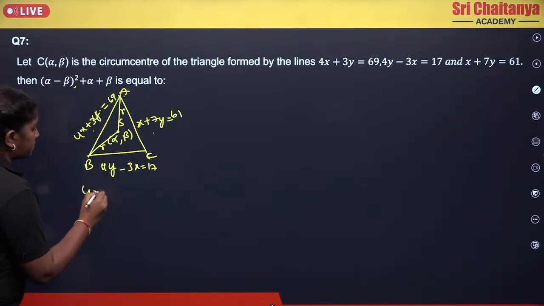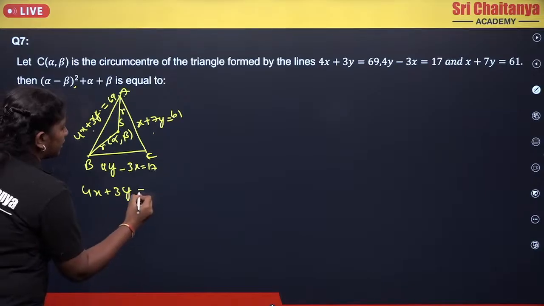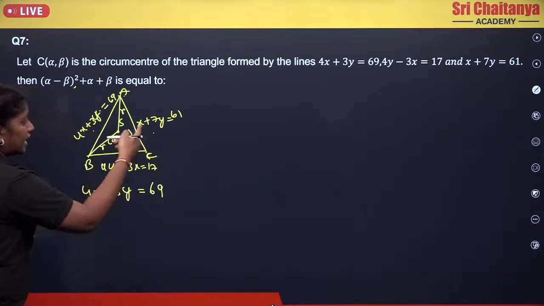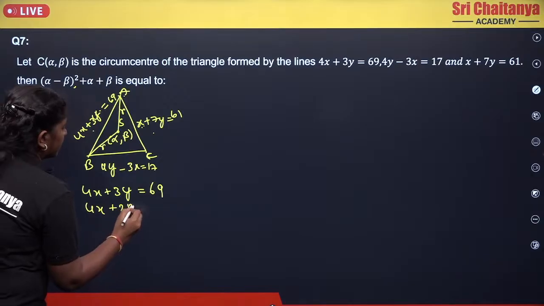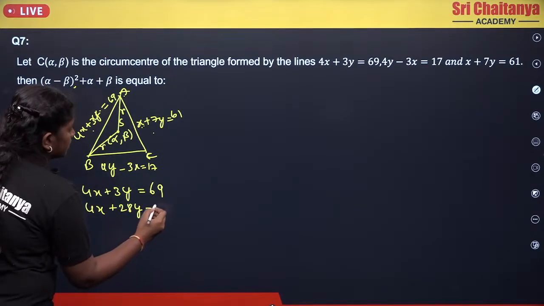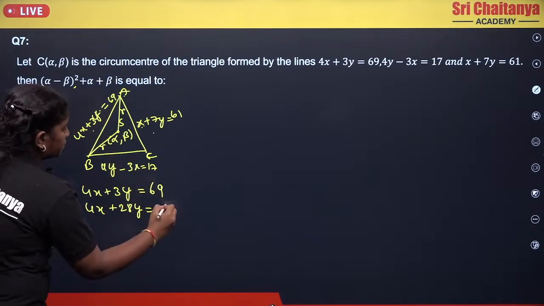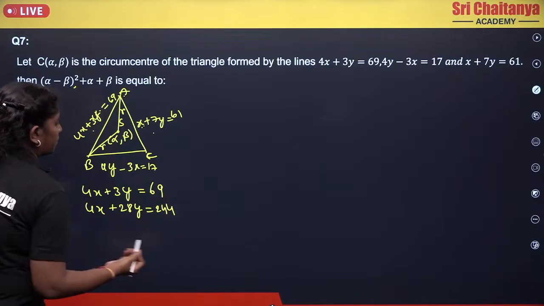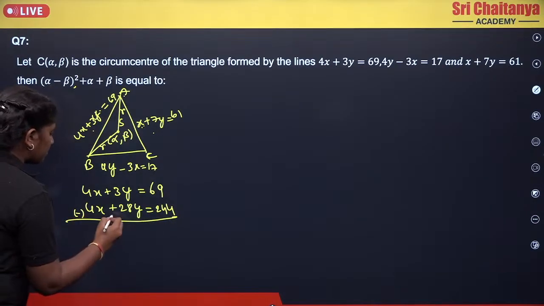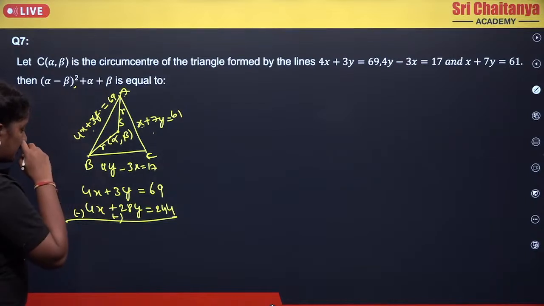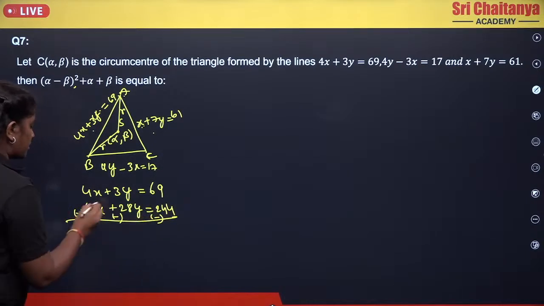So now 4x plus 28y equals 61 into 4, which is 244, after multiplying x plus 7y equals 61 with 4, and 4x plus 3y equals 69. Now let's do the subtraction. Minus 25y equals 244 minus 69, which is 175.